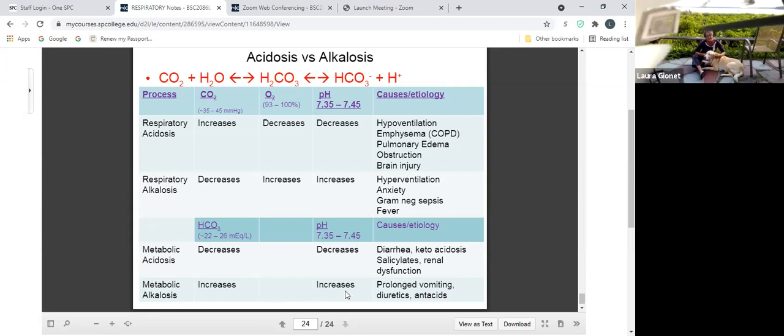Metabolic alkalosis, the pH is higher than normal. And that's often due to prolonged vomiting, use of diuretics, and antacids. So again, in prolonged vomiting, we're losing hydrogen ions, so now the pH value is going up. Or maybe we're taking in too many antacids, which are the buffers. Let's say you have an acidic stomach and now you've eaten way too many.